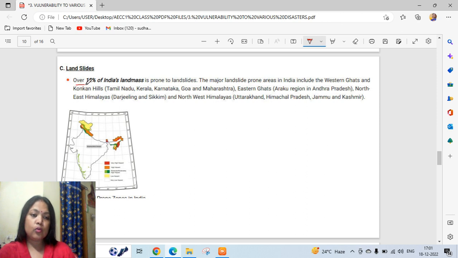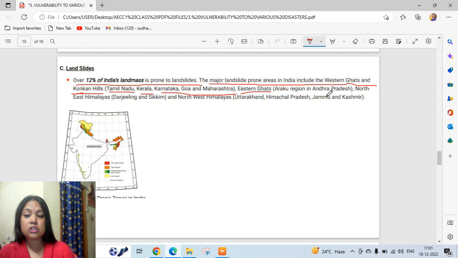So, over 12% of India's land mass is prone to landslides, and the major landslide prone areas in India include the Western Ghats and Konkan Hills. Where is it situated? Konkan Hills is situated in Tamil Nadu, Kerala, Karnataka, Goa and Maharashtra. Okay, and Eastern Ghat also. In Eastern Ghat, which regions are coming?